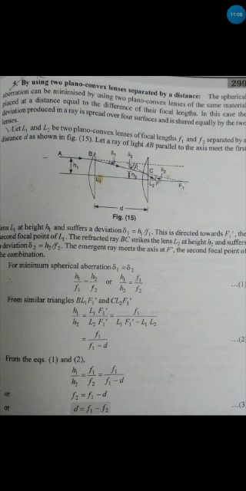AB is a light ray which meets the lens L1 at a height h1 and suffers the deviation delta 1 equal to h1 by f1. This is directed towards f1 dash, the second focal point of L1. The refracted ray BC strikes the lens L2 at a height h2 and suffers a deviation delta 2 equal to h2 by f2.